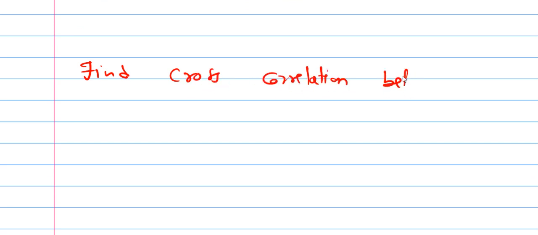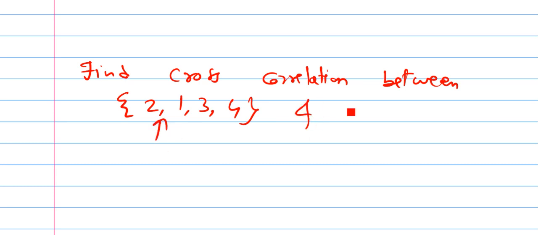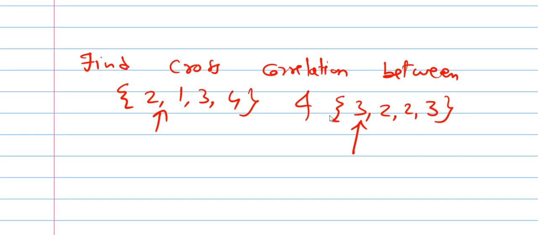So let's take an example. Find cross correlation between 2 1 3 4 and 3 2 2 3. So we have to determine the cross correlation between these two sequences.